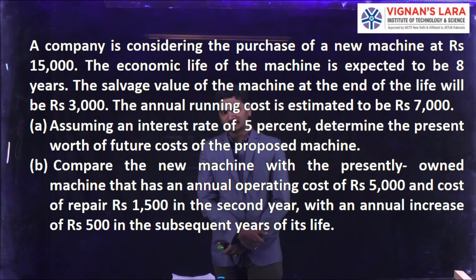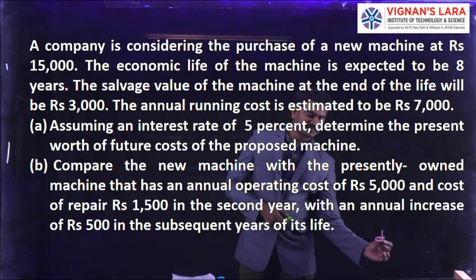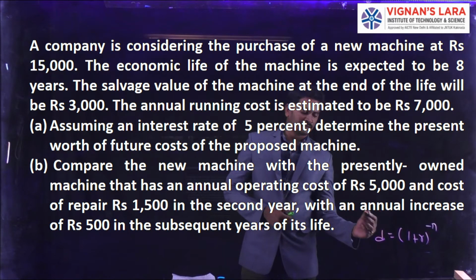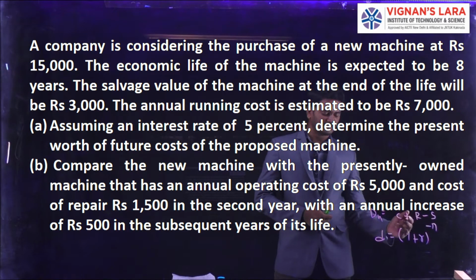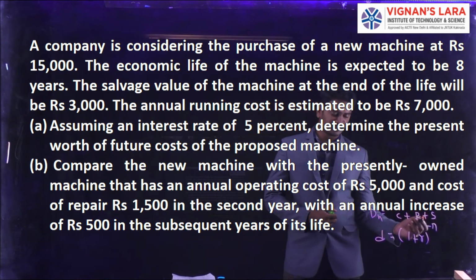Now we are going to calculate the replacement year based on the depreciation cost. Here we calculate the depreciation cost or discount cost, D is equal to (1 plus R) power minus N. We have another formula, Dn is equal to C plus R minus S. Okay, this is capital cost plus running cost minus salvage cost; not minus, it is also plus.